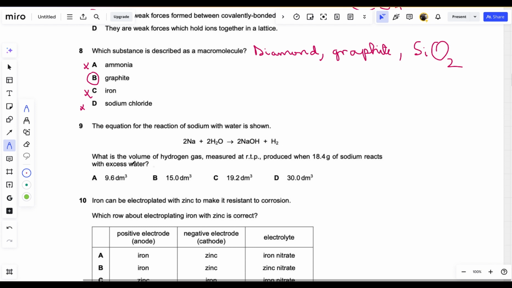Now, what is the volume of hydrogen gas produced, measured at RTP? Remember the volume formula? You still remember the volume formulas? There are two volume formulas when you study moles.